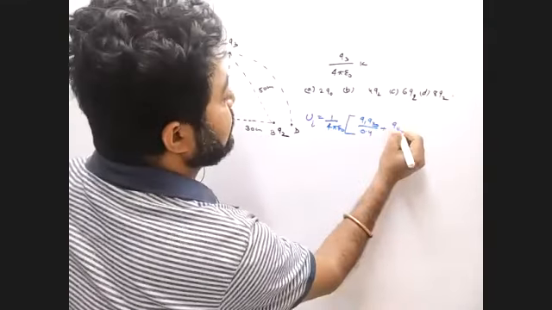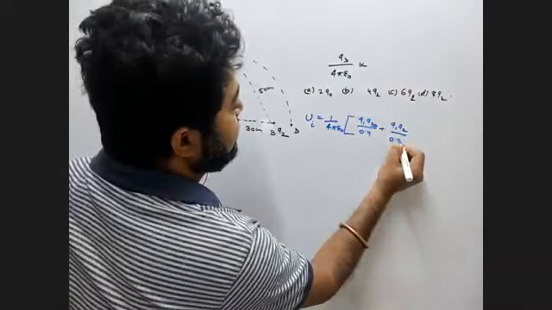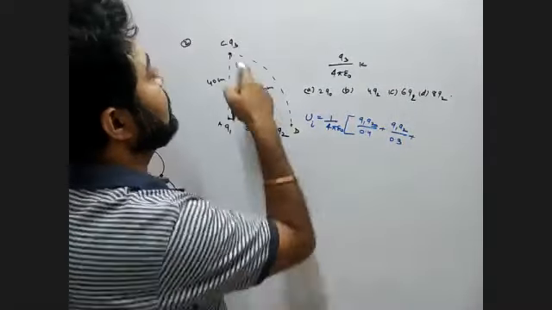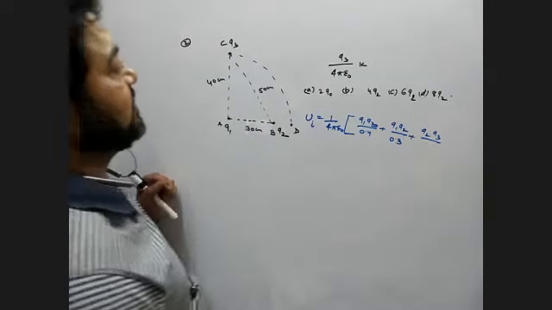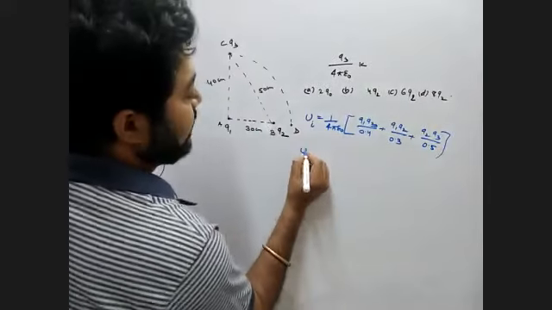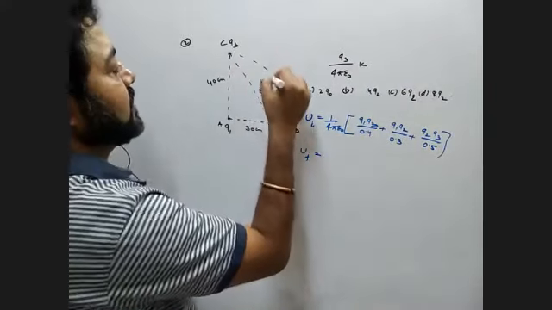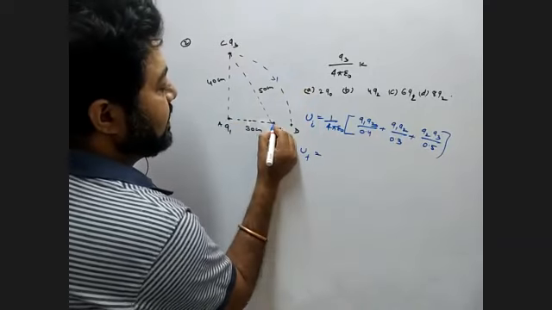Between Q1 and Q2, 30 centimeter, so we can make it 0.3. And between Q2 and Q3, what is the distance? It is not given, so from the Pythagoras theorem, we can say it is 50 centimeter, that is 0.5.